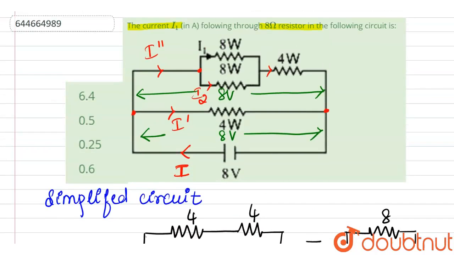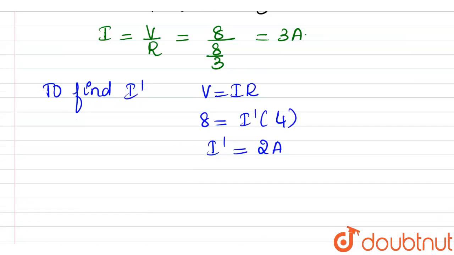So I got to know that out of the 3 ampere which is generated, 2 ampere is flowing through the 4 ohm, and remaining 1 ampere will be flowing through I double dash, because by conservation of charge, current I will be equal to I dash plus I double dash. So this implies that I double dash will be equal to 1 ampere.